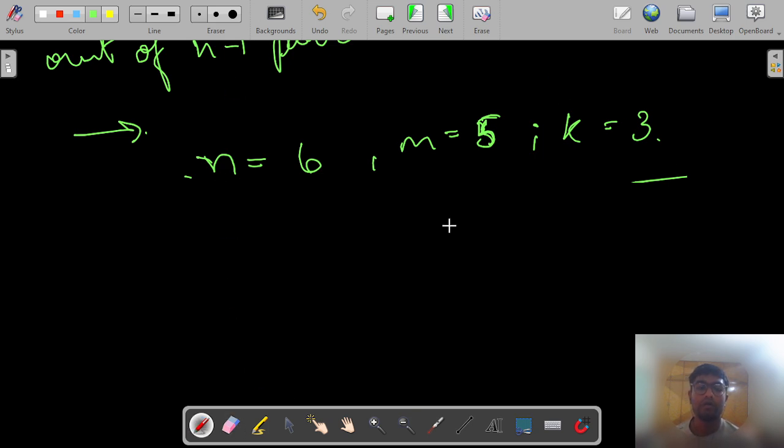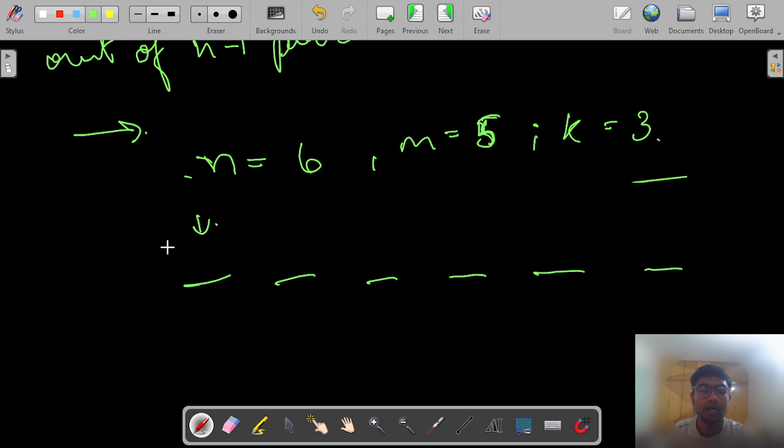Okay, so if n is equal to 6 and we have calculated all the values with k adjacent pairs that are to be picked.